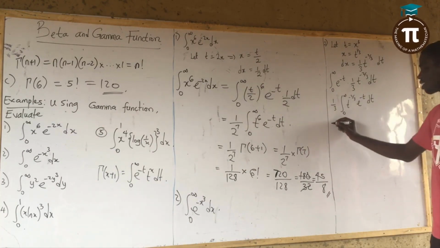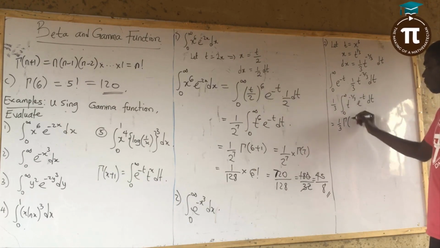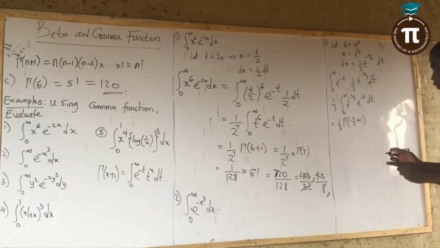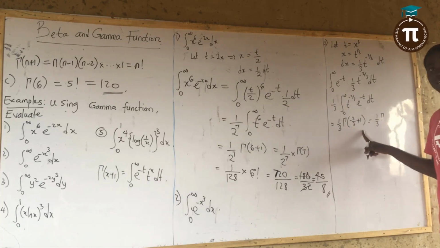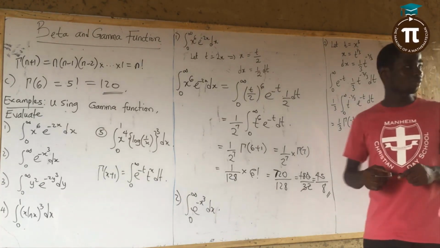So that means this is exactly 1 over 3 gamma of minus 2 over 3 plus 1 from the definition of the gamma function. Minus 2 over 3 plus 1 will give me 1 over 3. So the answer is 1 over 3 gamma of 1 over 3.